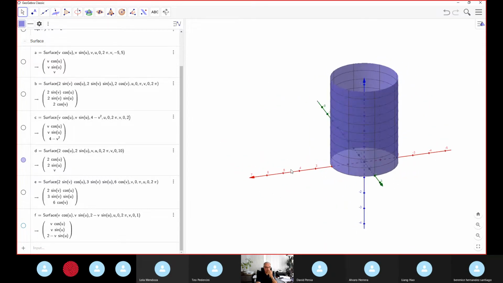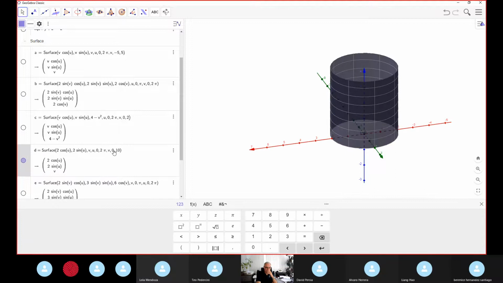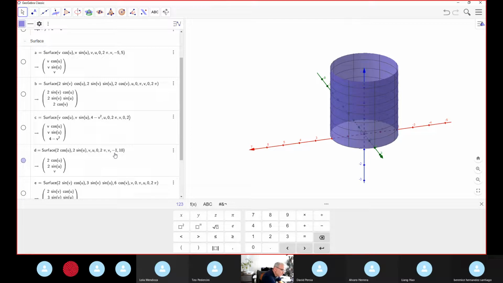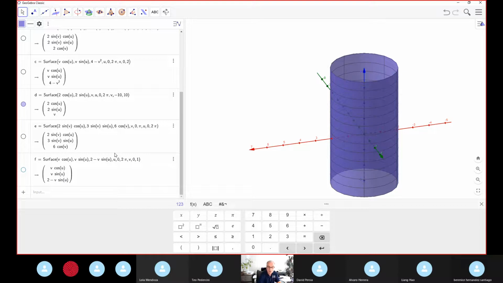Cylinder. In this case, I modified the height of the cylinder from 0 to 10. But the beauty is that you can use any height and any portion, like a semi-cylinder. For example, suppose I want -10 here. Enter. Boom. Do you see?